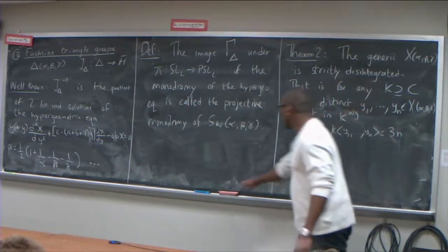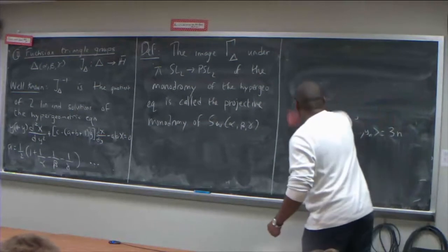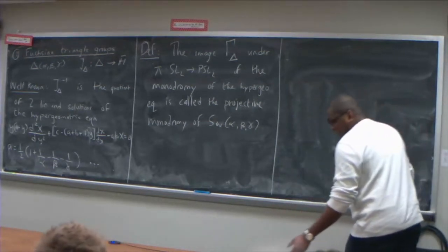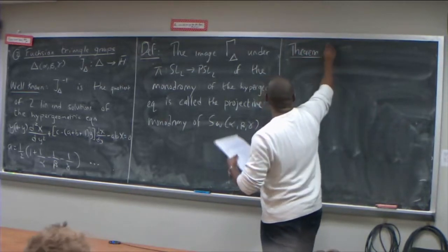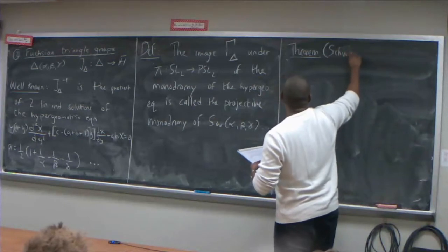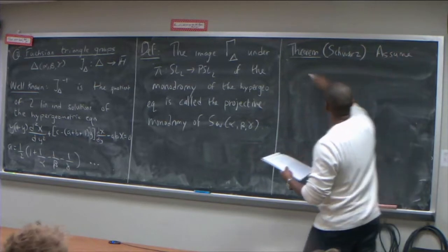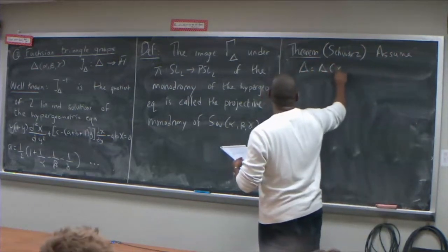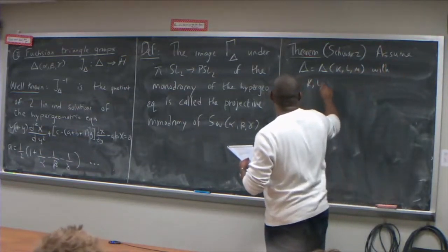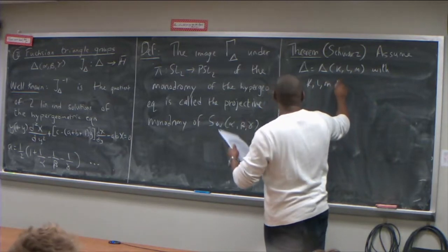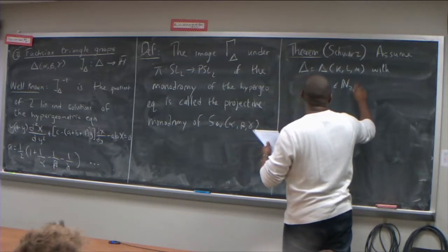And so what Schwarz did, again, assume now that the parameters in the triangle, I call them K, L, M, are natural numbers bigger than, let's say, 1.